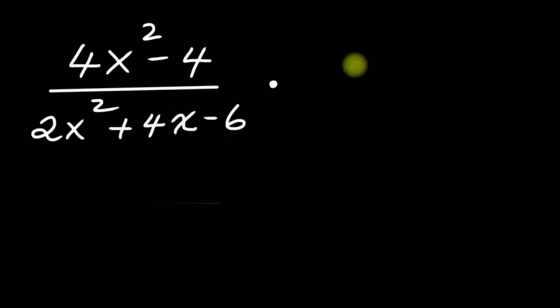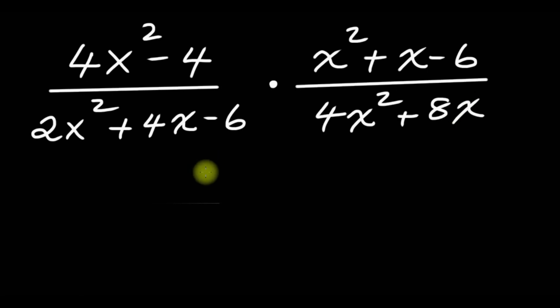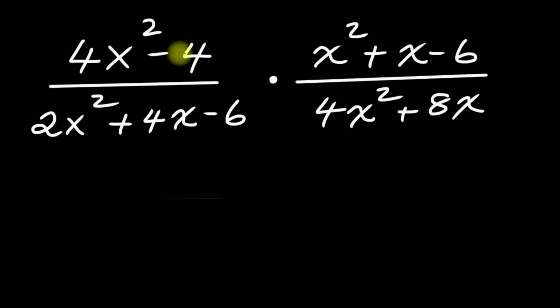Okay, and then we're going to multiply that with x squared plus x minus 6, and then all over 4x squared plus 8x. So this rational expression has binomials and trinomials. So in a case like this, you want to factor everything that can be factored, and then you eliminate the common factors.